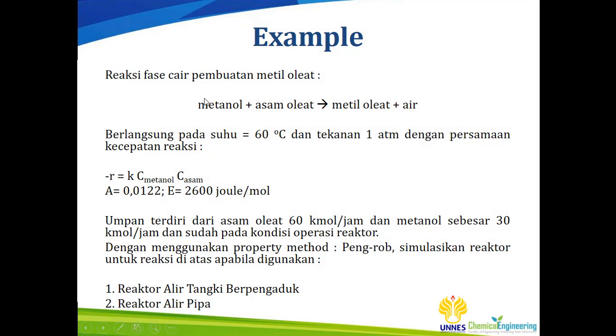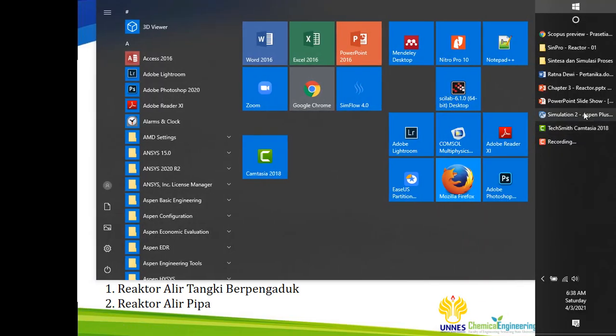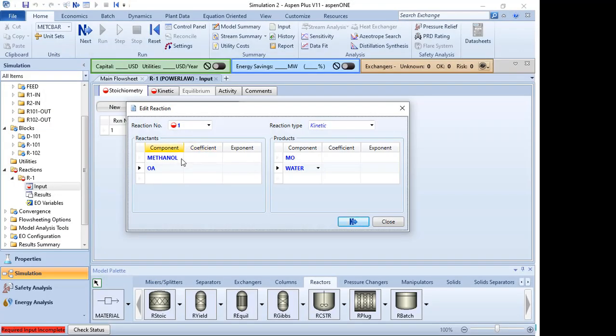You have to make sure the moles of the reaction are in stoichiometric condition. I think this one is already fixed: one mole of methanol and 1 mole of oleic acid become 1 mole of methyl oleate and also 1 mole of water. So here you just put 1, 1, 1.